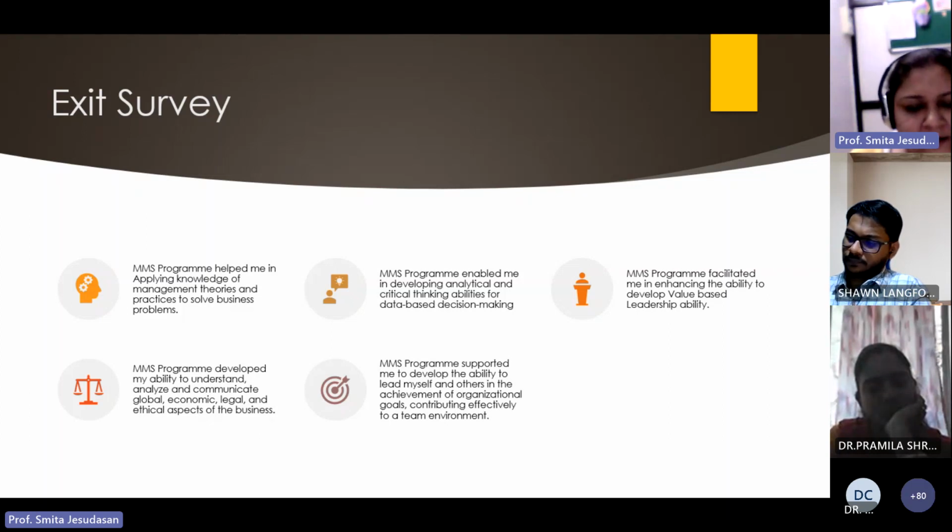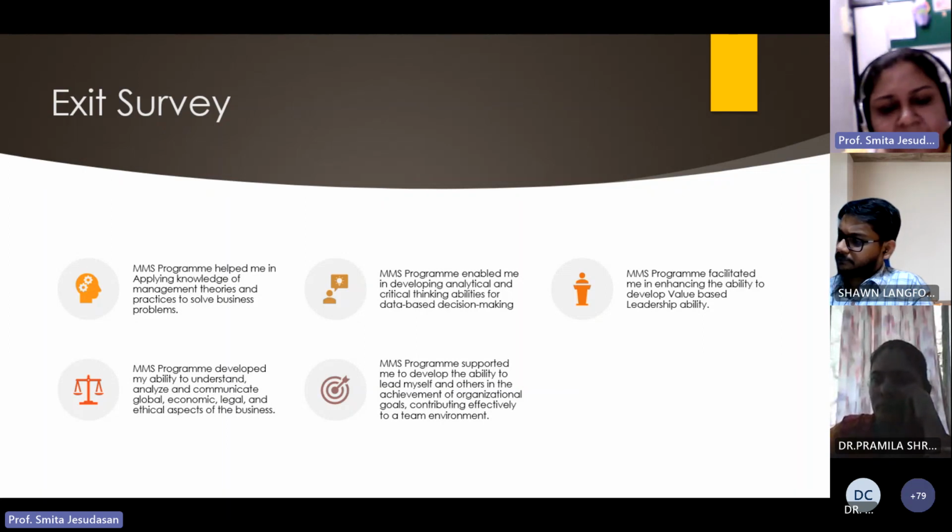So here again, a question has been framed. And the last one is dealing with achievement of organizational goals, contributing to team environment. So the statement has been framed as MMS program supported me to develop the ability to lead myself and others in the achievement of organizational goals, contributing effectively to a team environment.